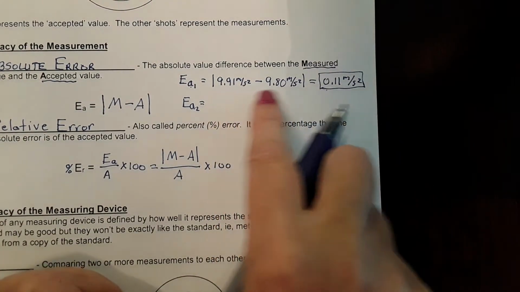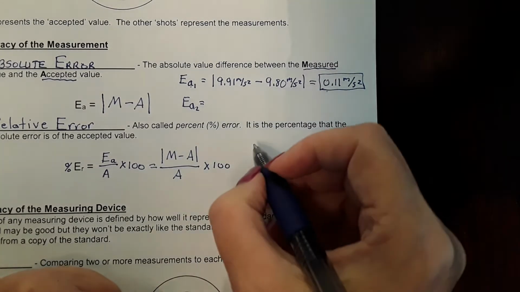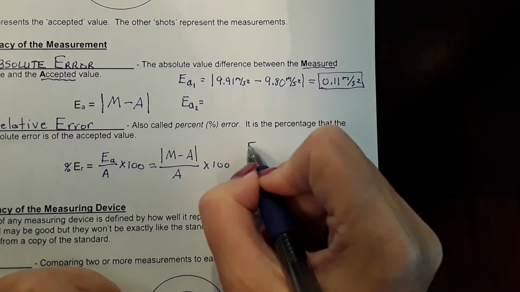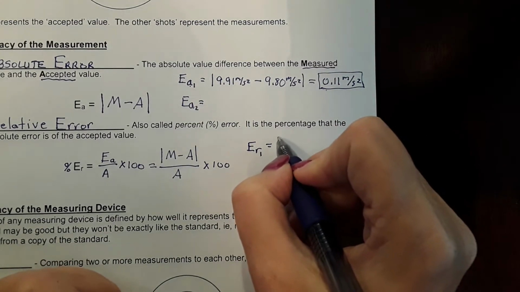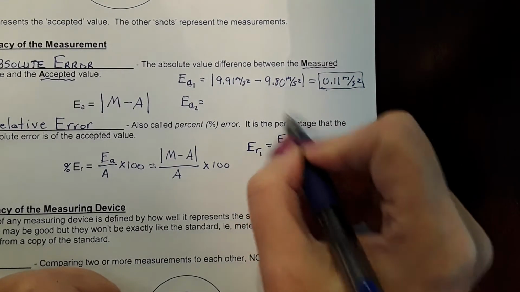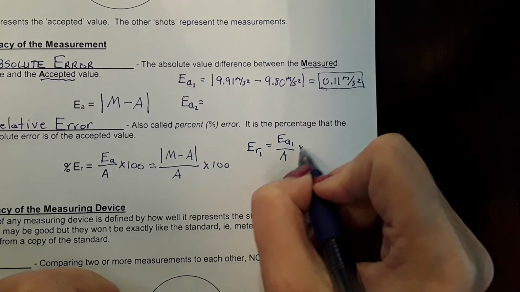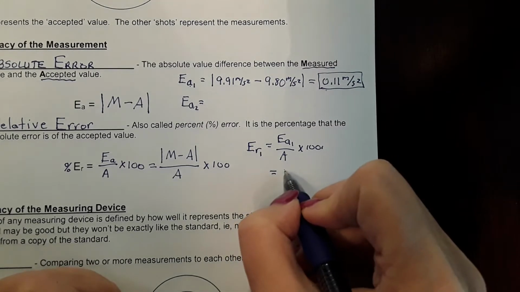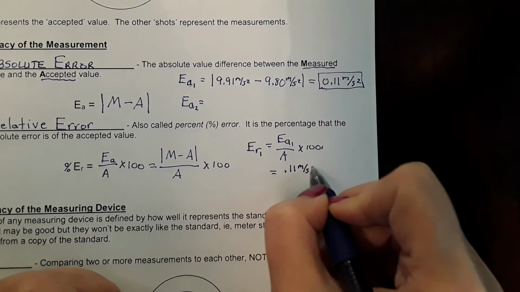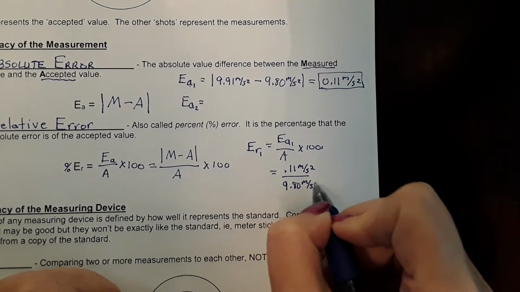So let's go back to this one right here, because we already have the absolute error for the top part. So for the relative error for measurement 1, we would say the absolute error that we found a moment ago divided by the accepted value times 100. All right, so that would give us 0.11 meter per second squared divided by 9.80 meters per second squared.